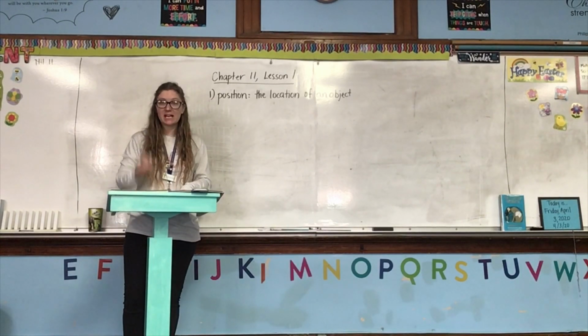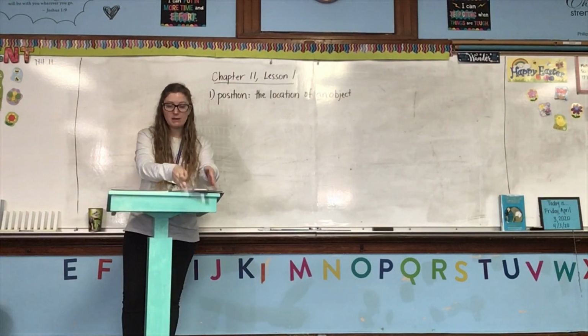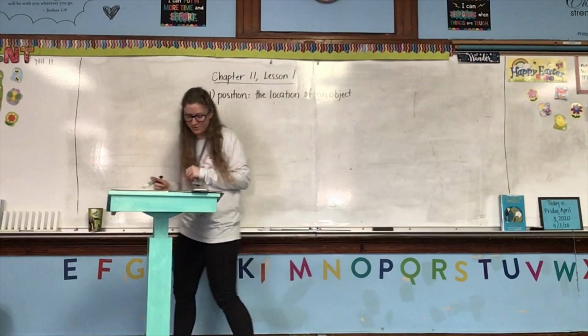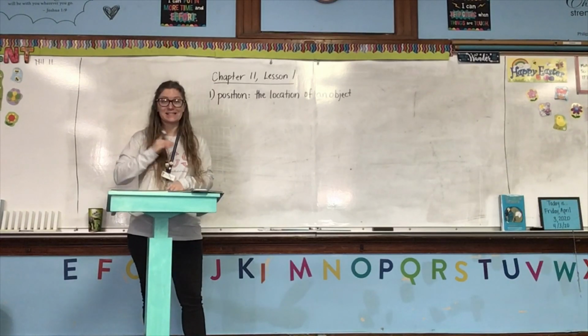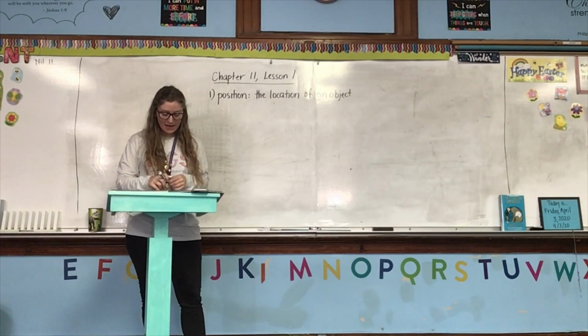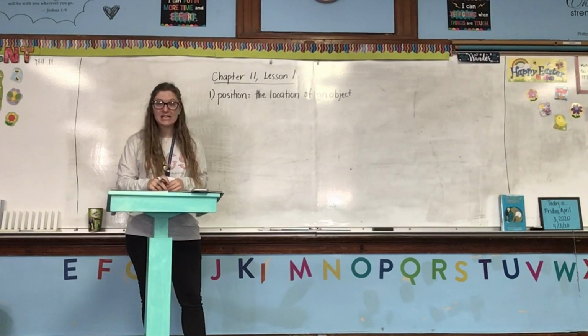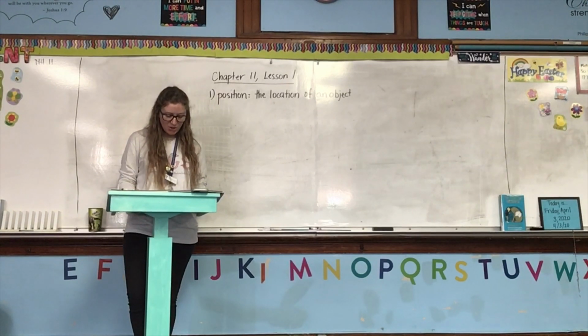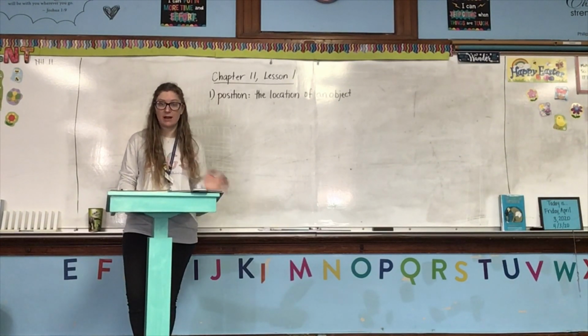You know something has moved when its position has changed. So, as long as I look at my cell phone, and it is right here on this podium where I put it, it has not moved. Its position has not changed. Words such as left and right, above and below, and east and west give clues about position. When we describe an object's position, we compare it to surrounding objects.